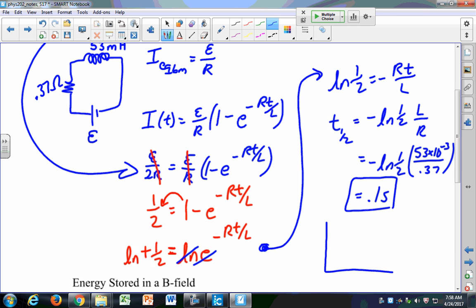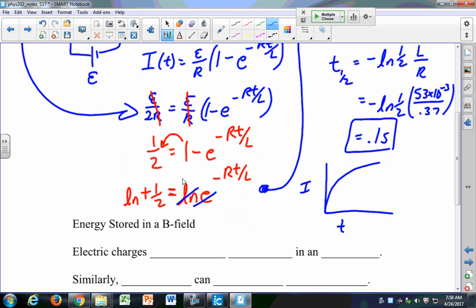So if I'm looking, remember, at my current versus time, it looks something like this. If I want to know the total time to reach the equilibrium current, I'll call this T tot.